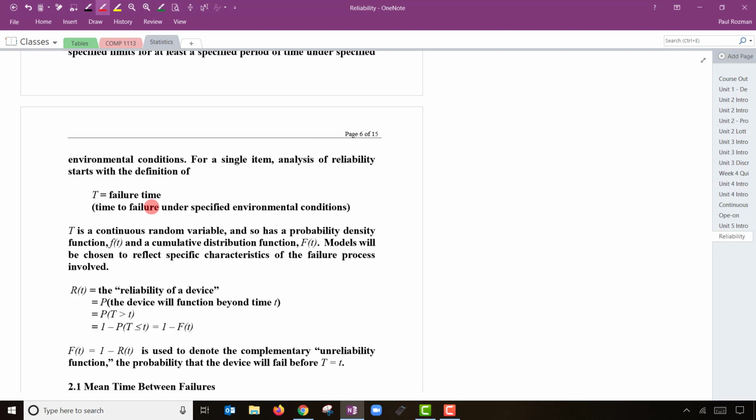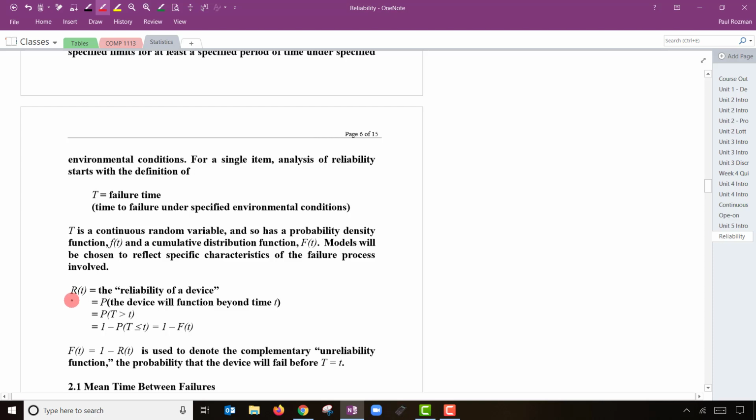We discussed the normal distribution, the exponential distribution, the Weibull distribution, the log normal distribution. We can use those various models to basically model any sort of gadget we're interested in. So we'll define R(t) as the reliability of lasting at least t hours, days, months, whatever the units are.